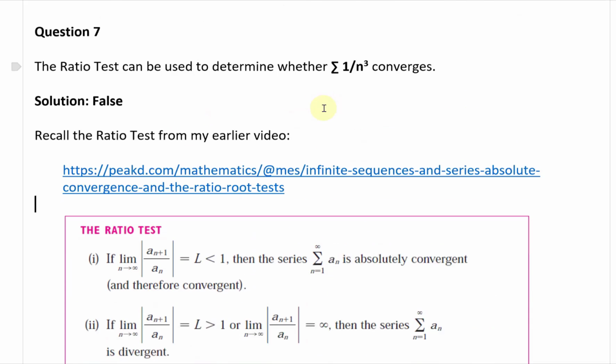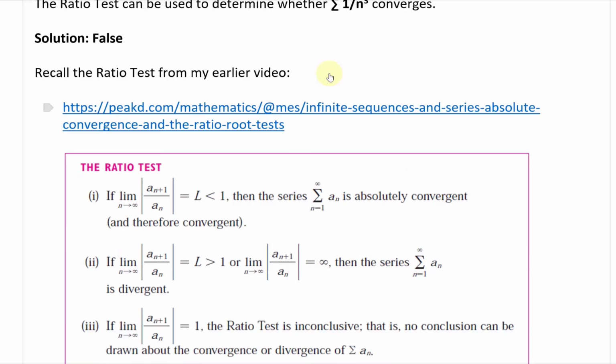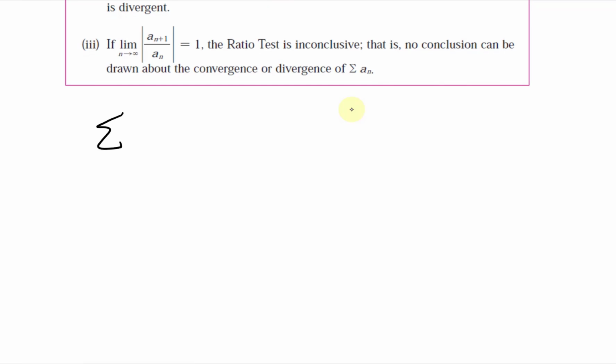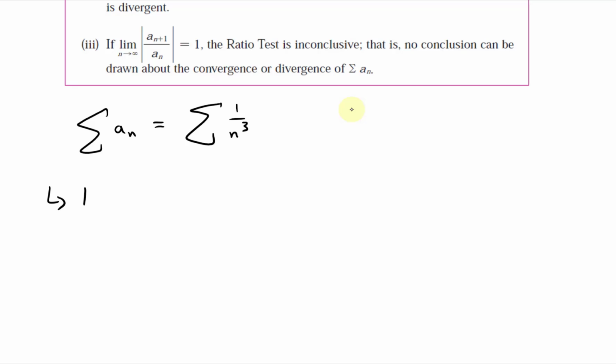So let's just apply the ratio test and see what we get. This is the summation of 1 divided by n cubed. This is our a_n, the summation of a_n, and in our case it's 1 over n cubed. Then taking the ratio test, the limit as n approaches infinity of the absolute value of a_(n+1), the term after it, divided by a_n.